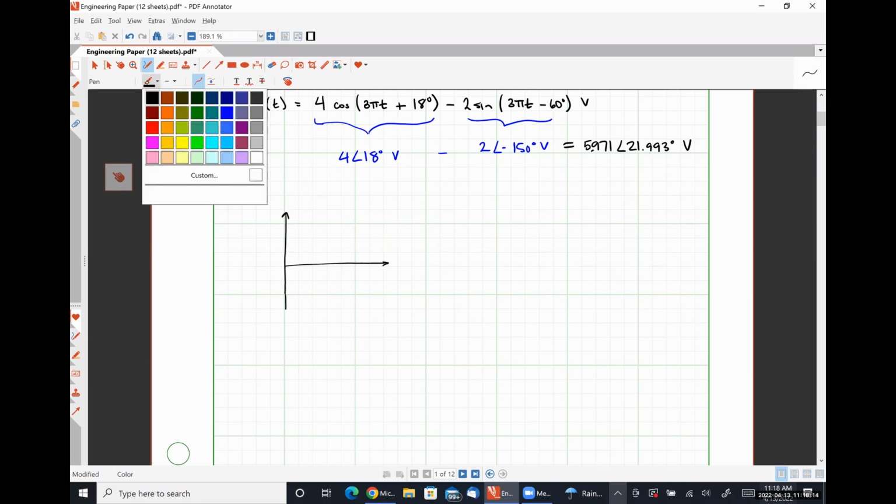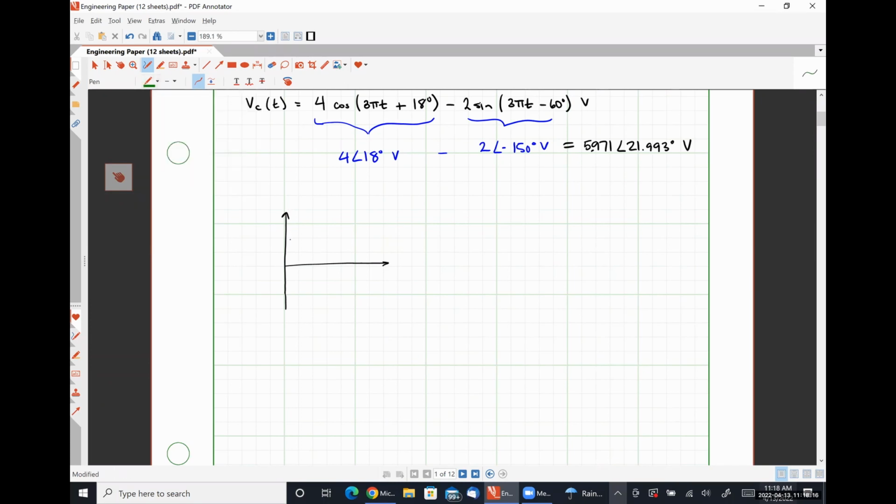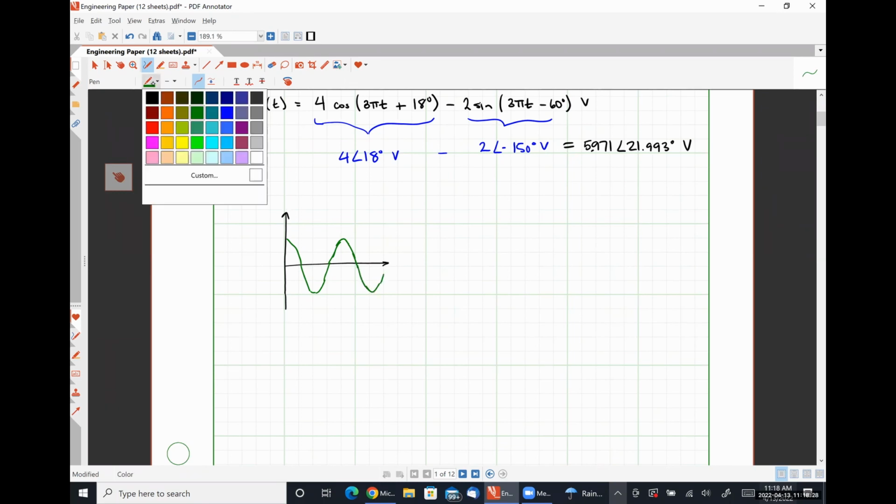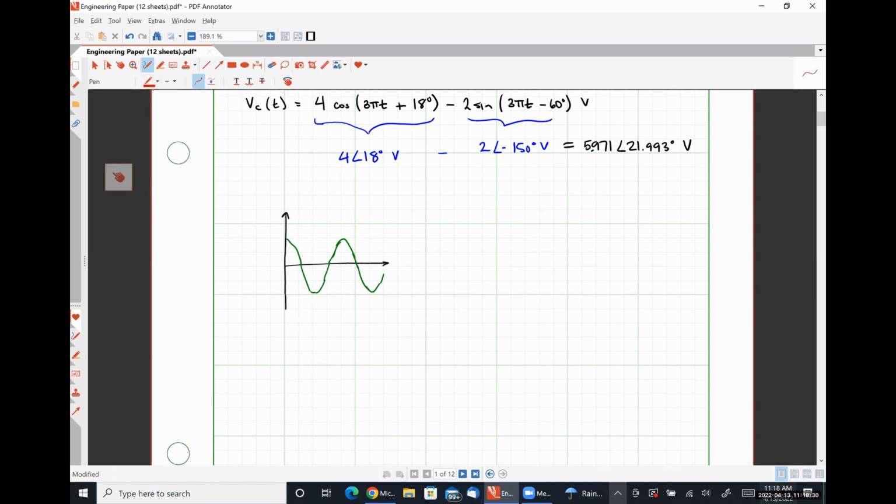So a cosine function would look something like this, where if I could draw better, things would potentially be more helpful. And a sine function would look something like this.